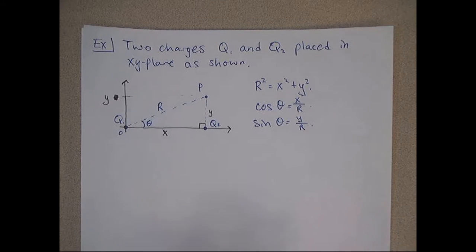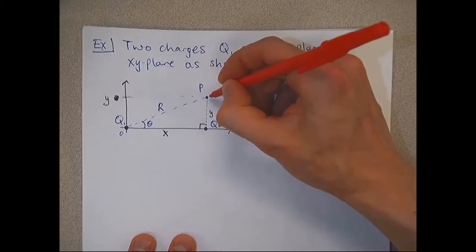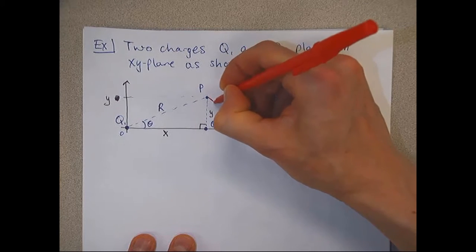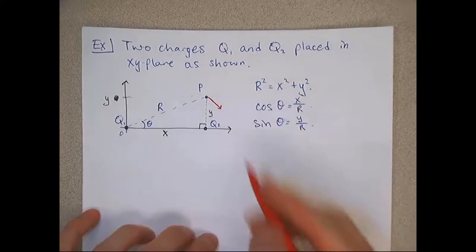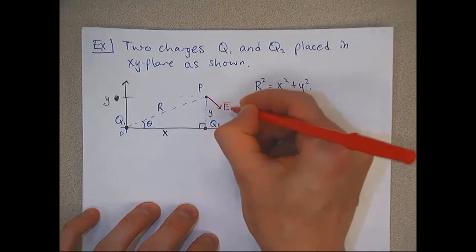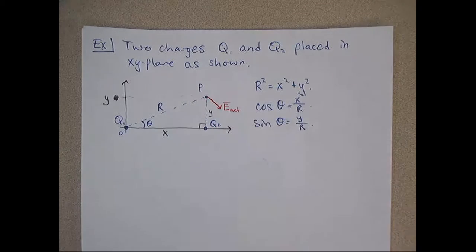So the goal here is to determine the net electric field at location P, and I'm giving it a specific direction here which is based on some given numerical values that we're not going to be concerned with in this example.